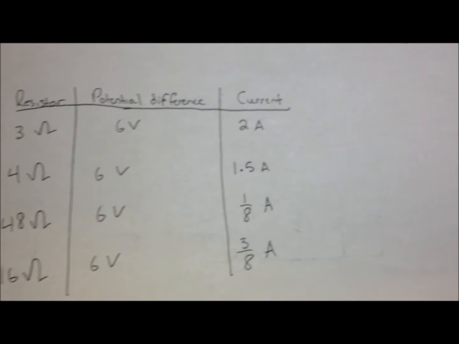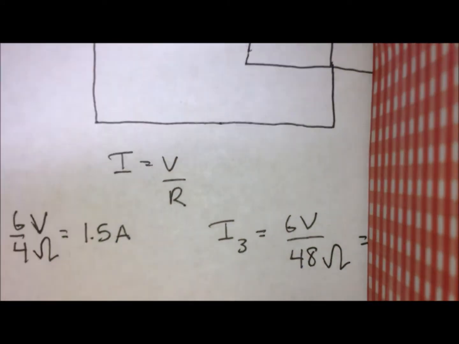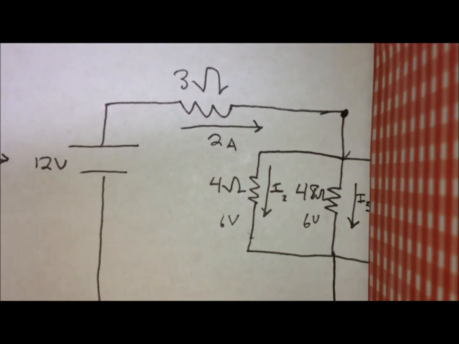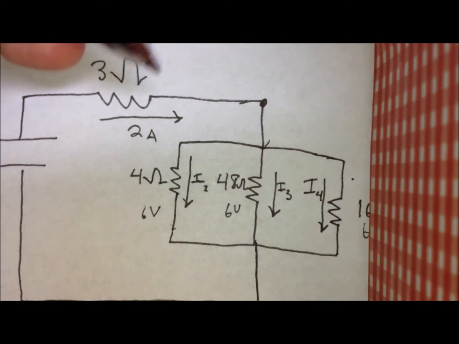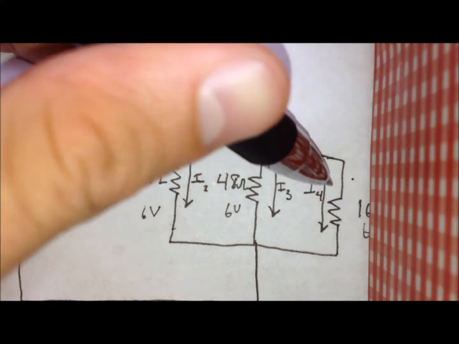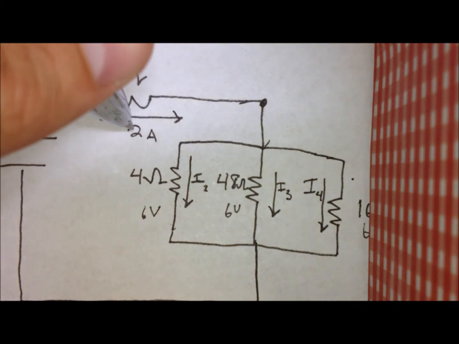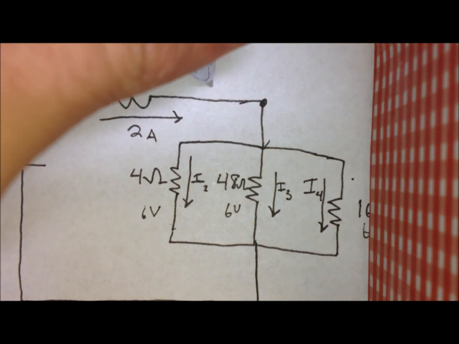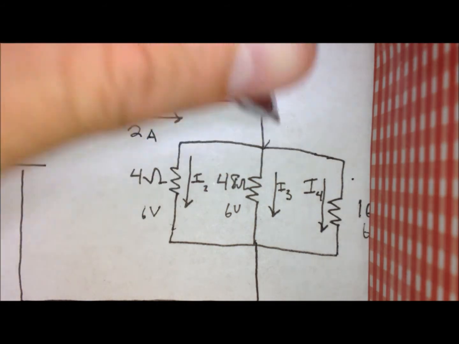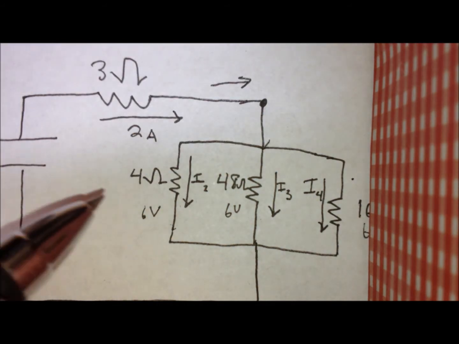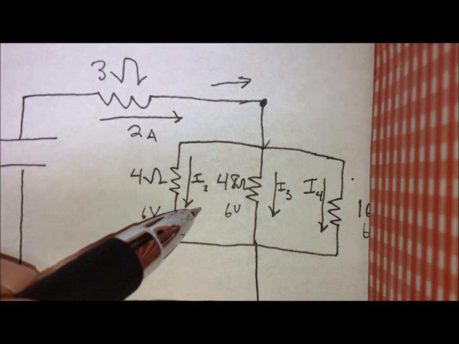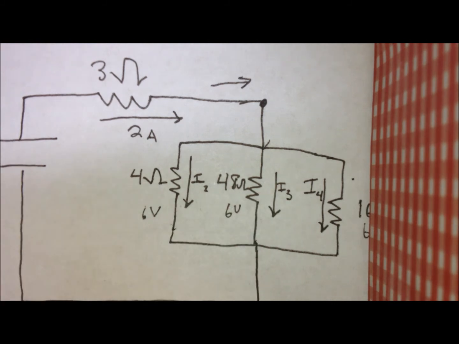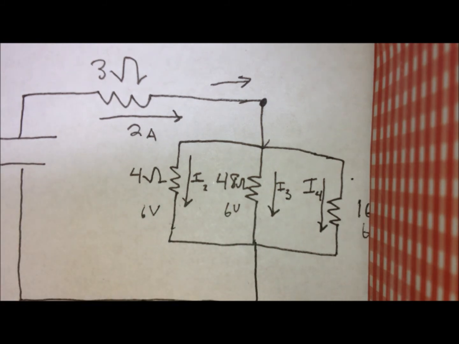One thing you notice is that if we add up I2, I3, and I4, we get 2 amps, because remember, the current going in has to equal the current coming out. So 2 amps equals I2 plus I3 plus I4, which you can see from the table. Alright, thank you.